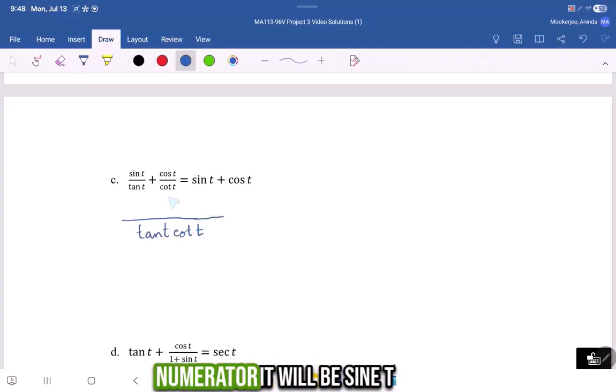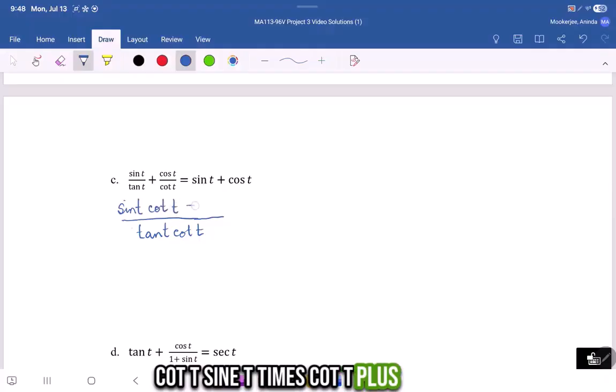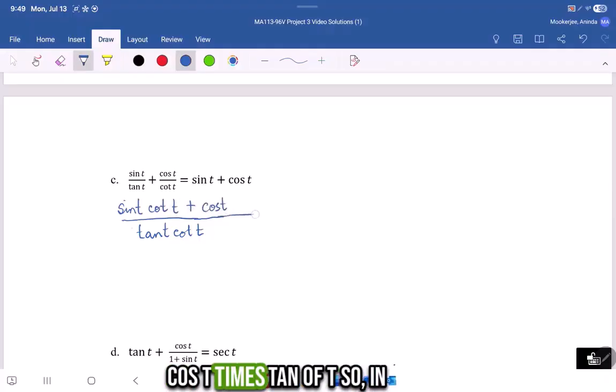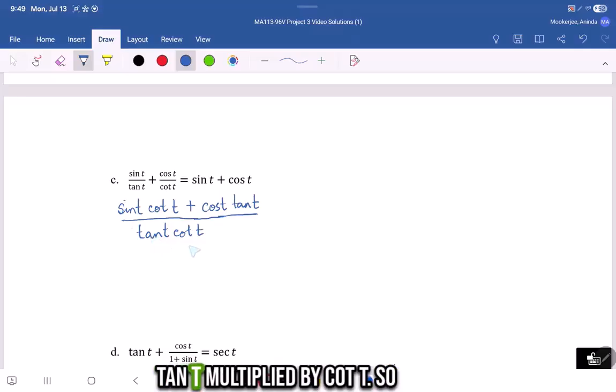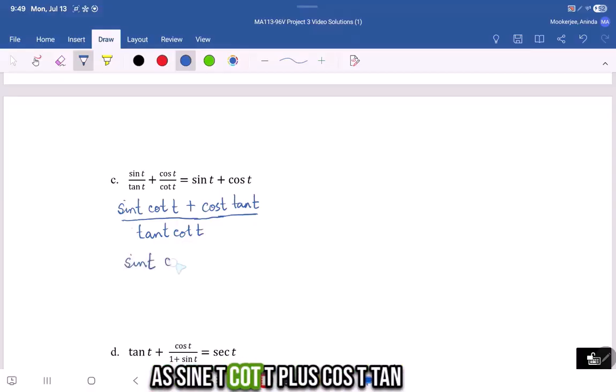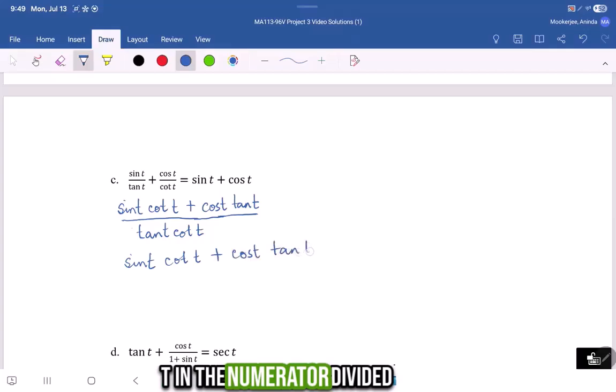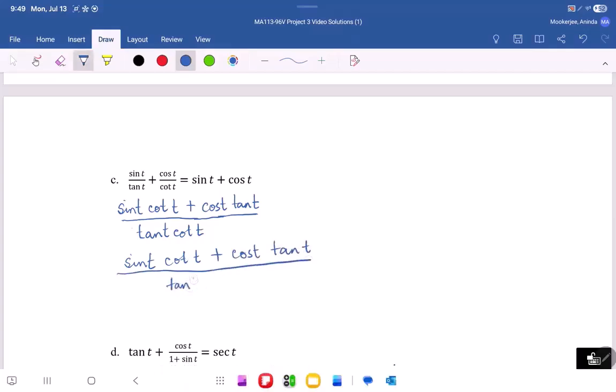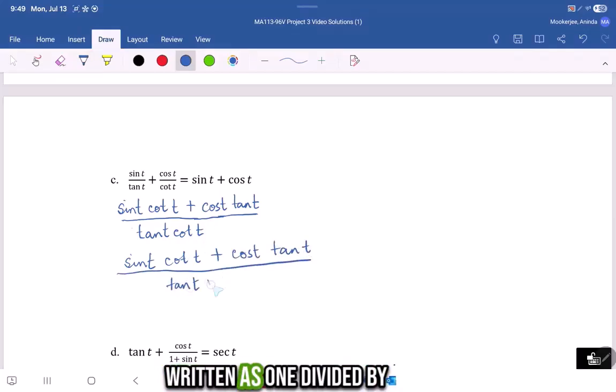And then in the numerator, it'll be sin t times cot t plus cos t times tan of t. In the denominator, we have tan t multiplied by cot t. They are reciprocals of each other. We can write it as sin t cot t plus cos t tan t in the numerator divided by tan t times, now cot t can be written as 1 divided by tan of t.